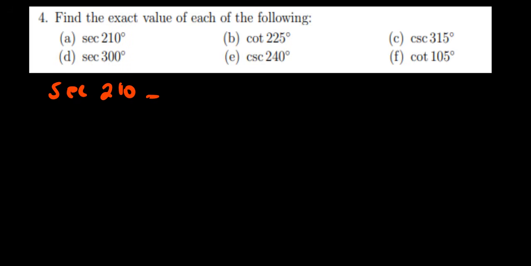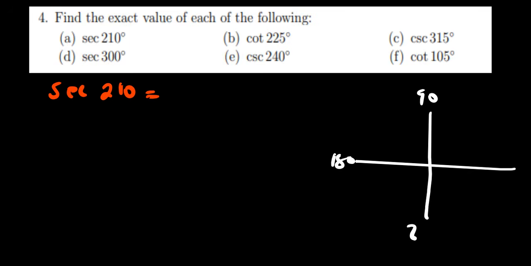Let's solve this. 210, we're going to go back to our quadrants. This is 90, this is 180, this is 270, this is 360 or 0. Then: all students take coffee. Now 210 is in this quadrant, where only tan is positive.